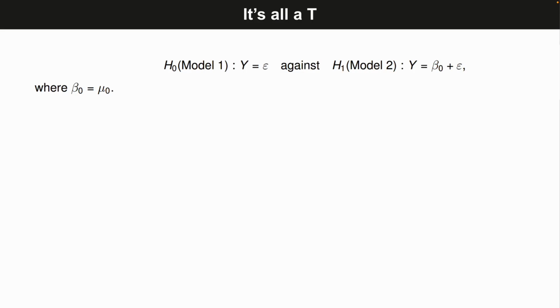Forget about the other model, but this test, how do we do it? This is my new null, let's say. How do I prove or disprove this, or accept or reject this? Mu naught is specified. You can assume that that is known.